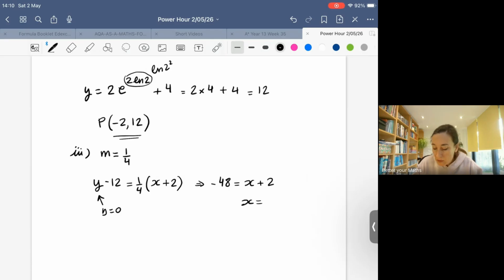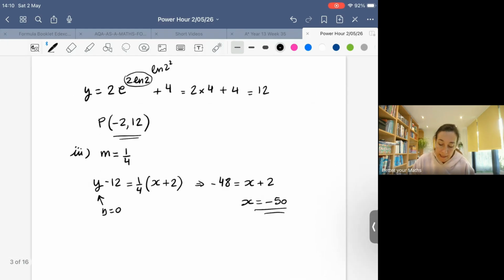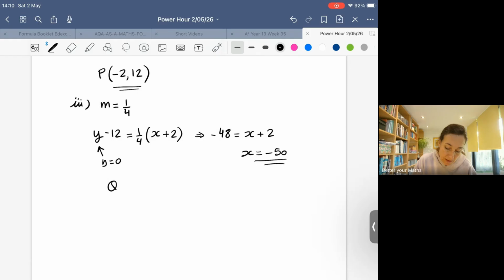So x is going to be -50. Let me check the answer. Yes, -50. And the coordinates of that point Q, because they asked me, I would recommend you write the coordinates, not just find the x. So the coordinates are -50, 0. That's what they asked you. Please answer what they asked you.